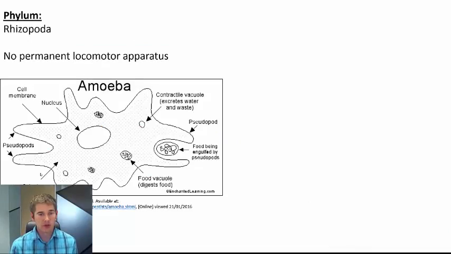So now we're going to talk about four of the basic body plans of heterotrophic protists. We're not going to talk about any of the algae or the giant kelp, which are autotrophic, so these will be excluded in this lecture.